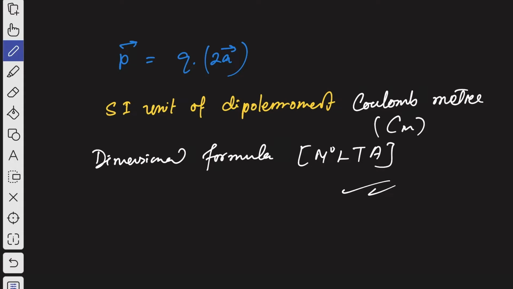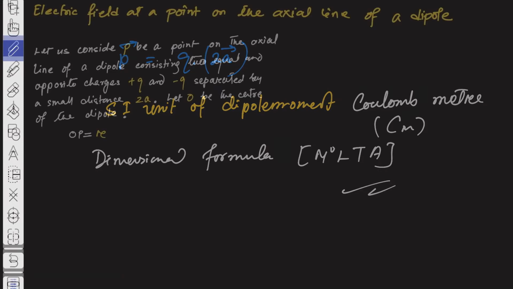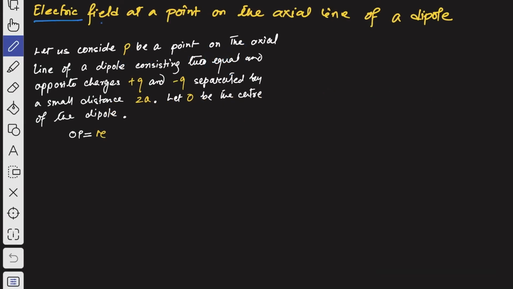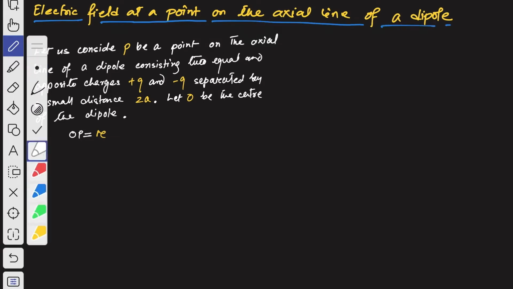Now we are going to discuss the electric field at a point on the axial line of an electric dipole.